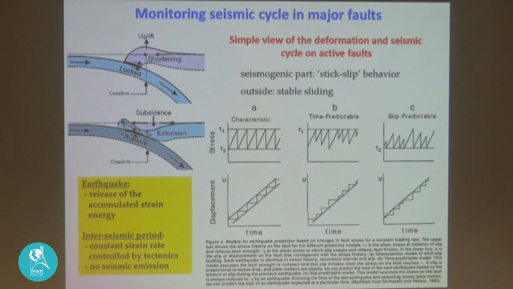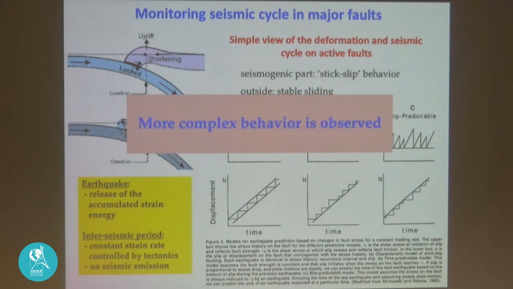Okay, so if we want to monitor the seismic cycle, what we would like to understand is how long these inter-earthquake periods are, if they can be predicted or not predicted, or if we can observe something during these periods. Okay, in this purely elastic scenario, there are not many things that we can tell about the interseismic period because it is considered quiet.